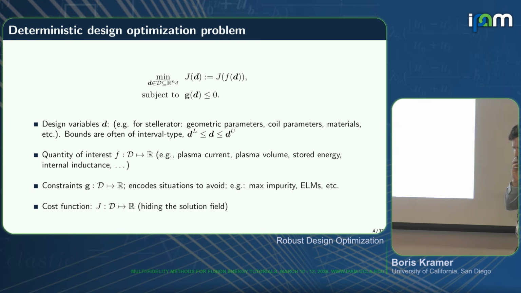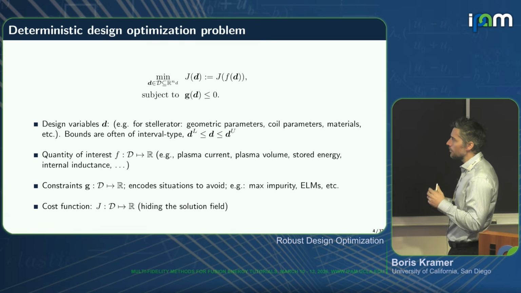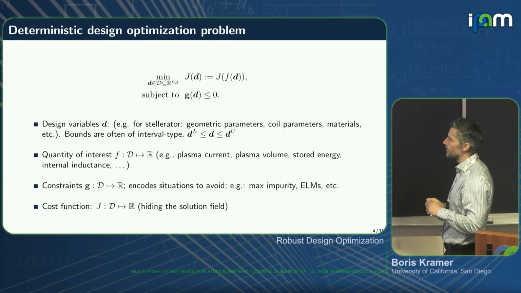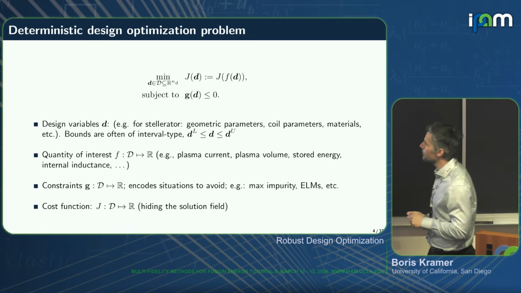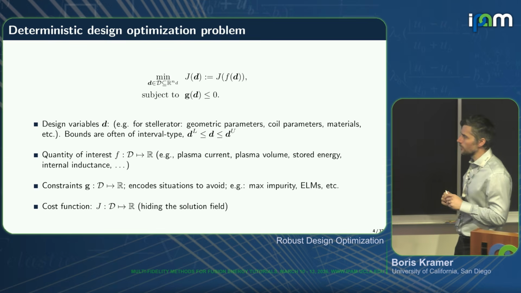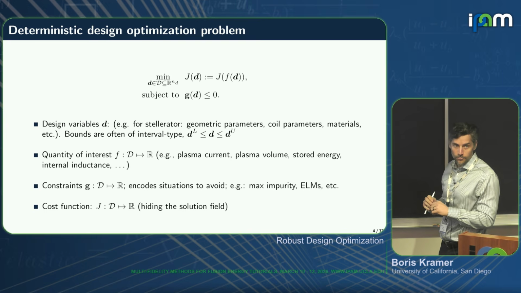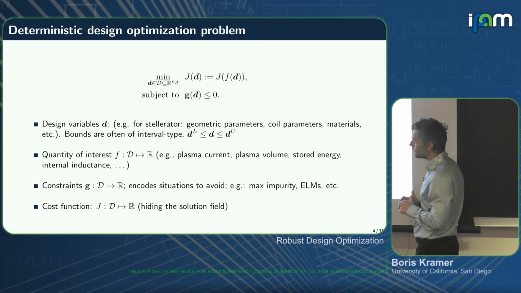Your design variables, once again, excuse my ignorance here, but I saw that, for example, in stellarators, geometric parameters, the stellarator geometry itself, the 3D curvature and manifolds you're trying to span, coil parameters, other materials, anything you want to think of. Think of what you would like to design and think of what these variables would be.